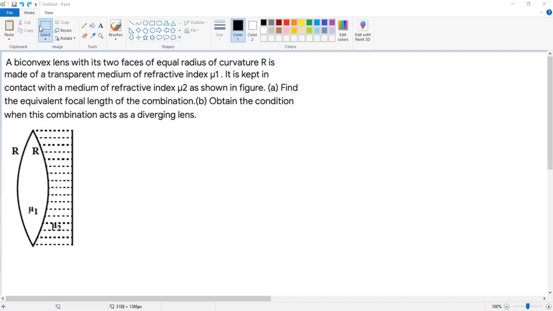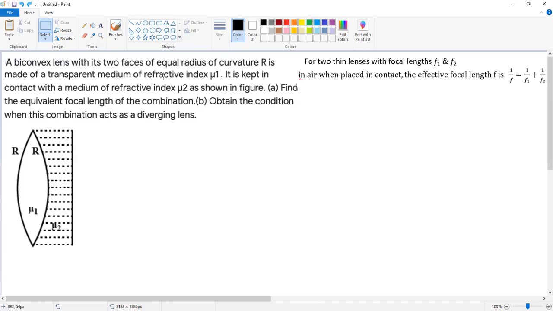If you use the combination formula for two thin lenses with focal lengths f1 and f2 in air, this is very important: f1 and f2 are supposed to be focal lengths in air. F1 is the focal length of the first one in air, f2 of the second one in air.